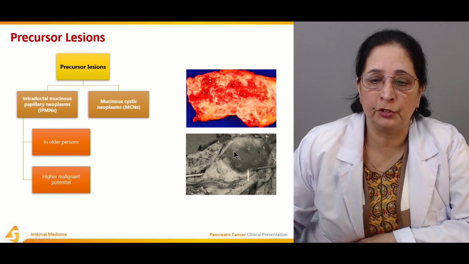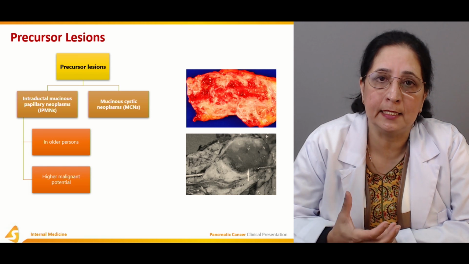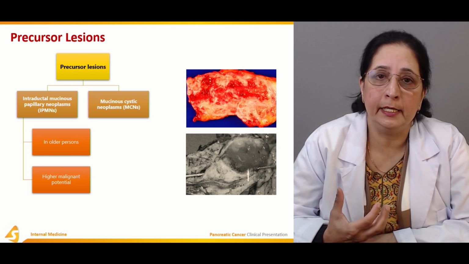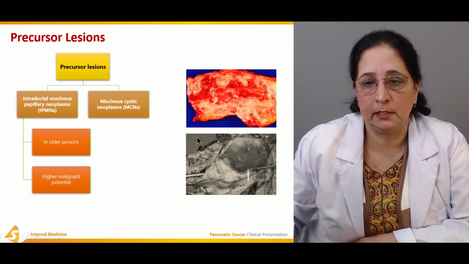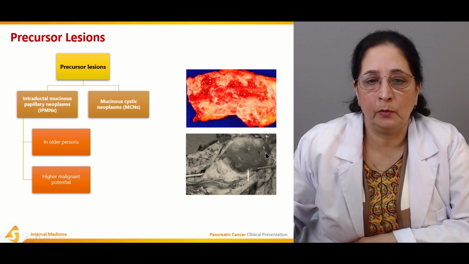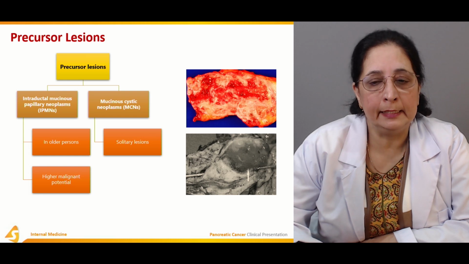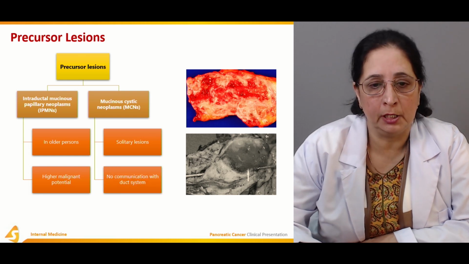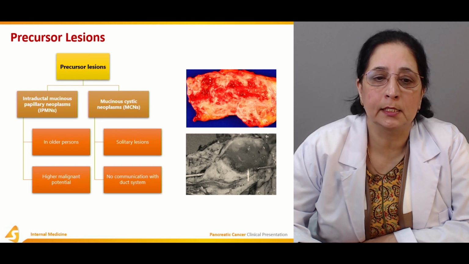Here this picture shows the mucinous cystic neoplasm. In this, a cyst is formed which contains mucin, and these cysts are fluid filled sacs. It's a solitary lesion, a single lesion, and there is no communication with the duct system.